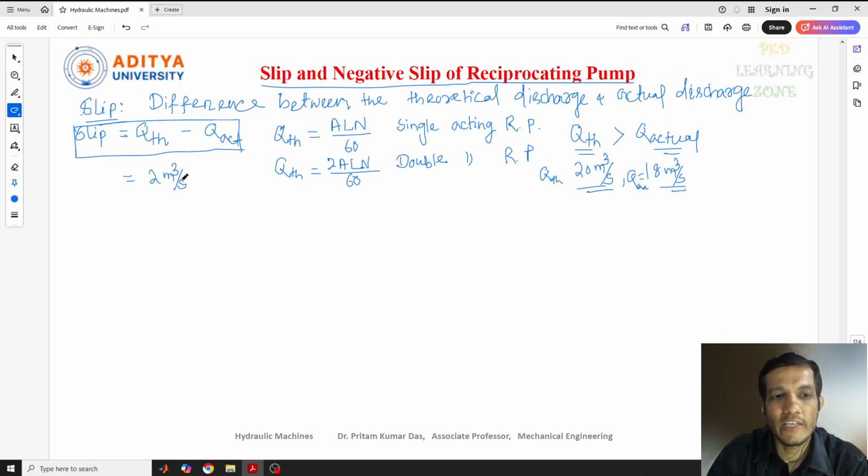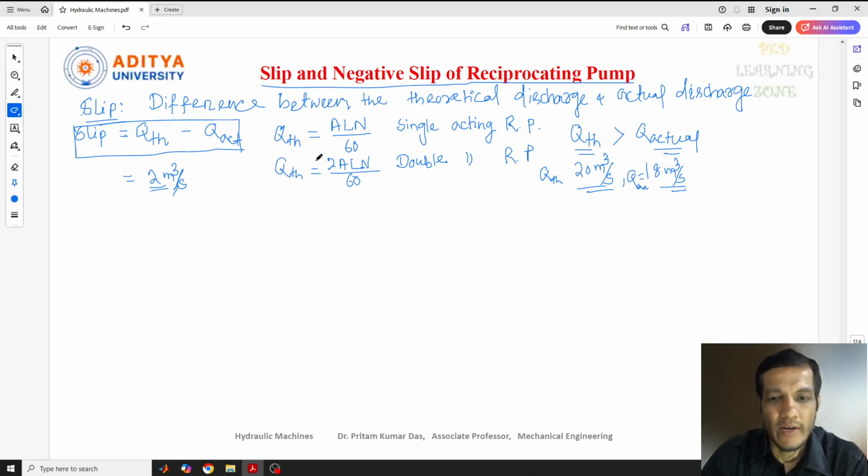It may be 0.02, 0.01, 0.05, whatever it may be. But with respect to seconds, if this much difference is coming between the theoretical and actual, then the calculation will be very critical. That's why you need to first calculate the slip when you compare these two things, theoretical and actual.